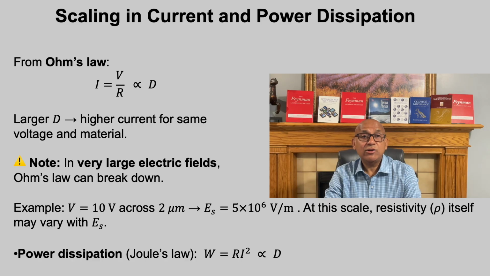This means that although smaller devices generate less heat overall, they also heat up much more quickly because they have so little heat capacity to absorb energy. So the key takeaway is that power generation scales down with size, but temperature rise becomes more severe, and that is why heat management in these systems is one of the biggest challenges.